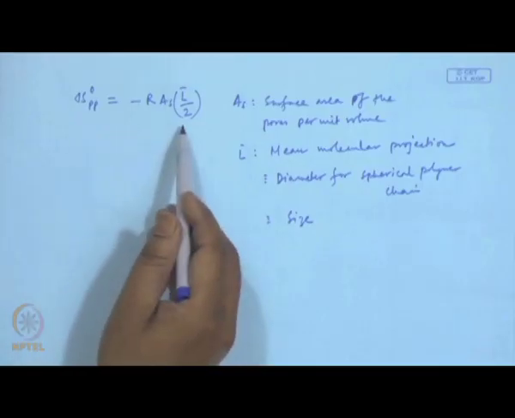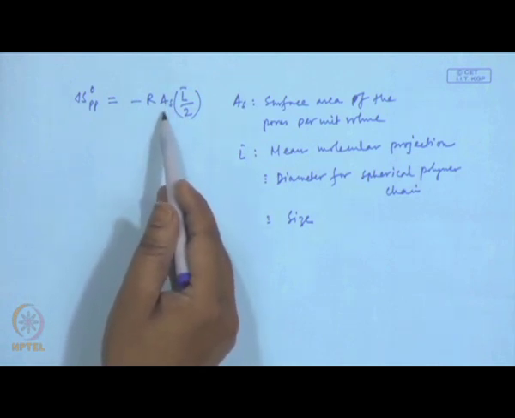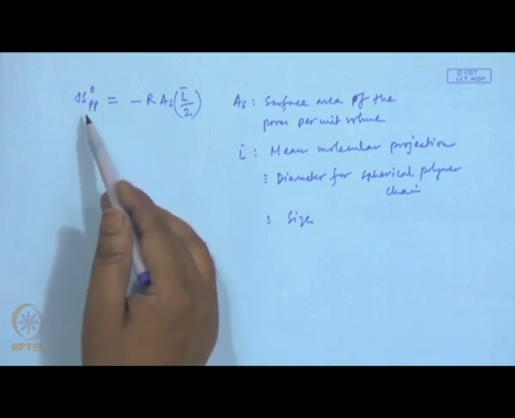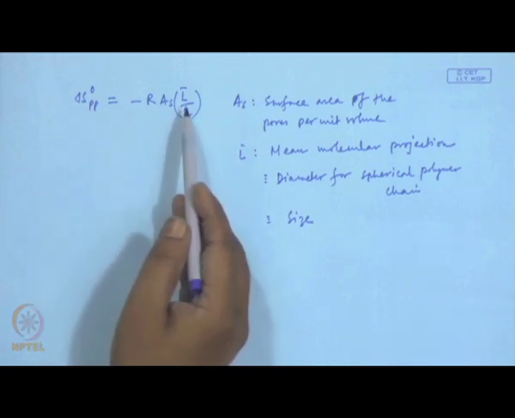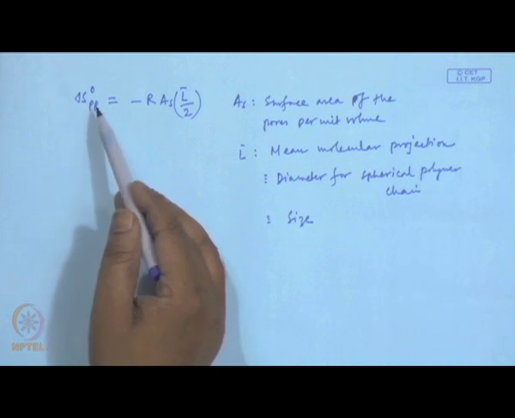So, this entropy of pore penetration is always negative, and it becomes more negative if the polymer size grows or the pore size becomes smaller. If the pore size becomes smaller, A_S goes up, hence the entropy becomes more negative. Similarly, if the polymer size goes up, this becomes higher and this entropy becomes lower.